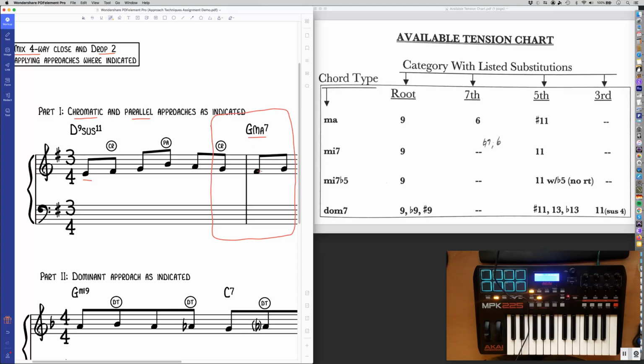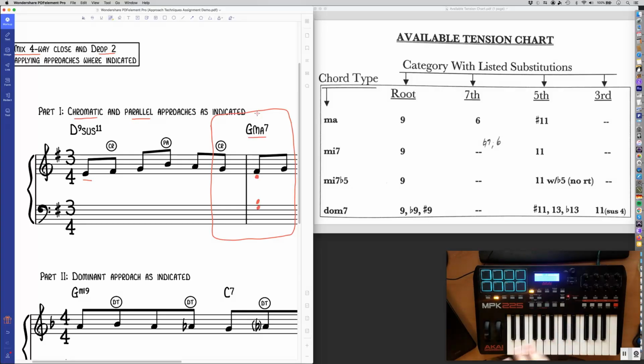I'm going to voice this melody note, this F sharp, in the most boring way I can think of, which is just 7 on top, next the 5, then the 3, then the root. So no substitutions at all. Okay, and I've got our little available tension chart here just for reference, but no substitution, so just a very, very boring voicing, okay?